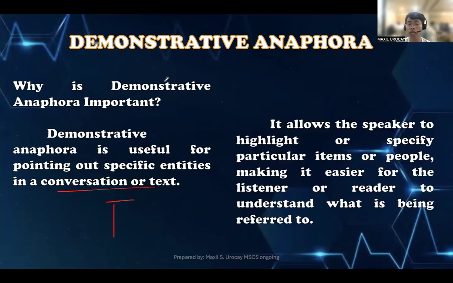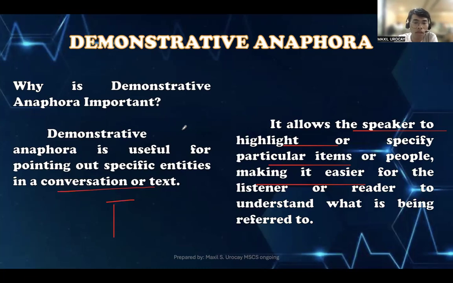So it allows the speaker to highlight or specify particular items or specific individuals, making it easier for the listener or reader to understand what is being referred to. So here, we're able to demonstrate the meaning.